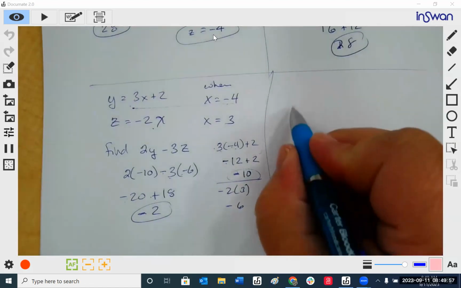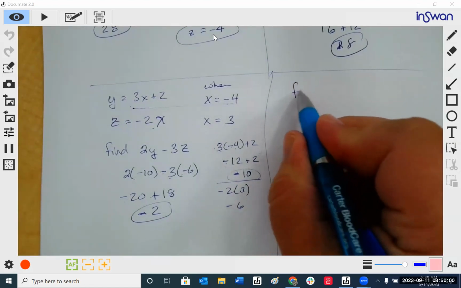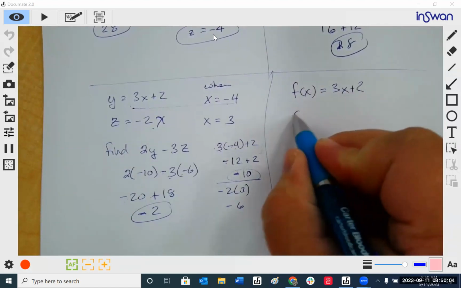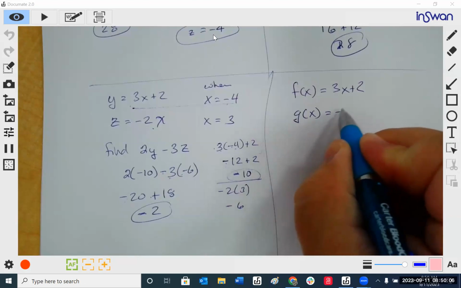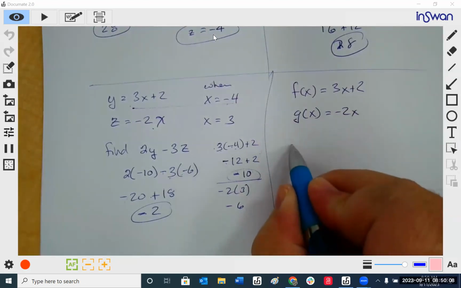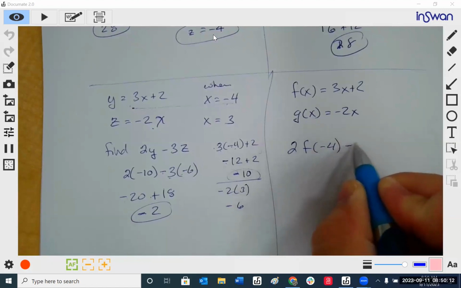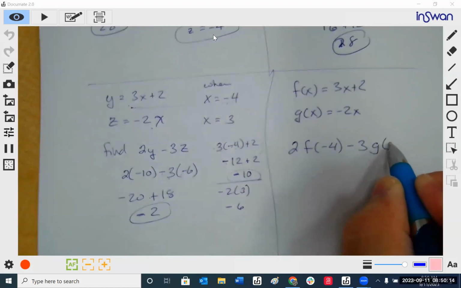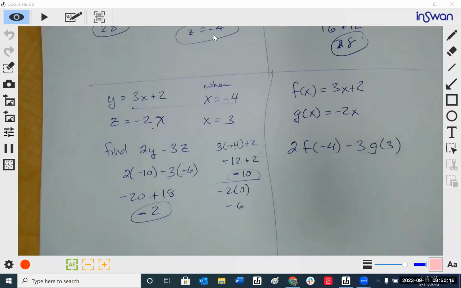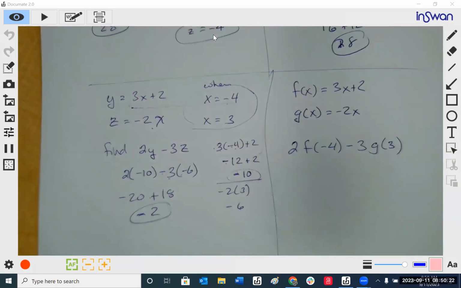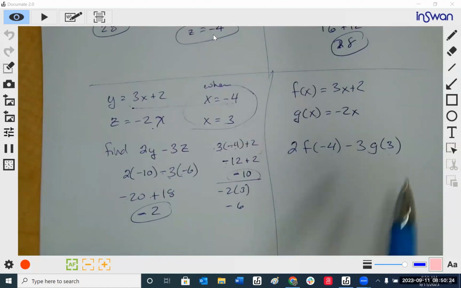But in functions, I don't have to go out and make a separate rule for each equation. I just tell you right here what I want the values to be.